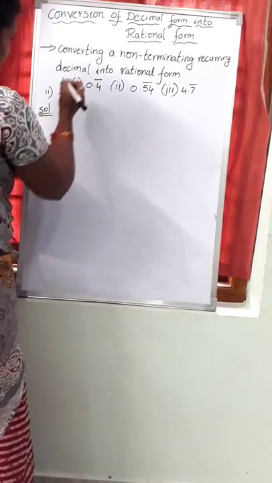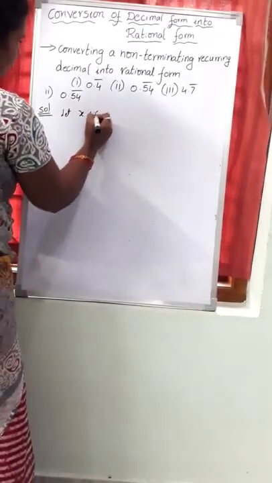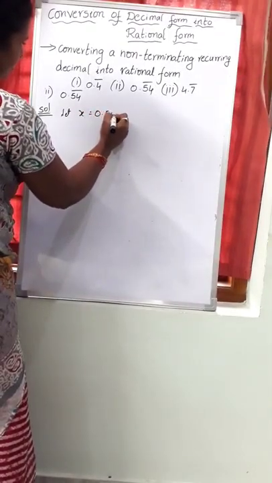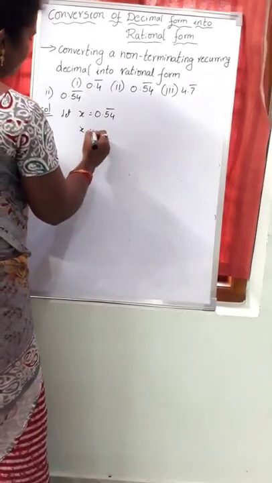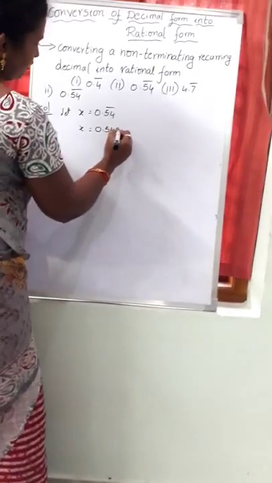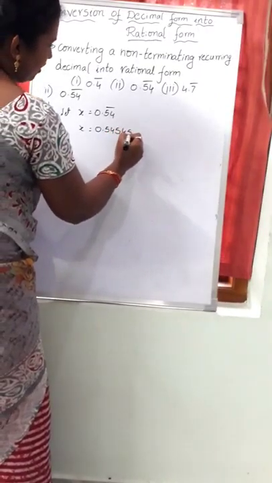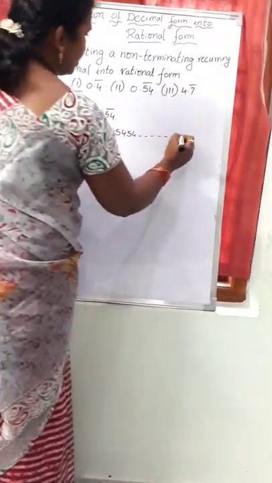So let us take x is equal to 0.54 bar. After that we have to write it in the expanded form: 0.545454 and so on. Let us take it as the first equation.